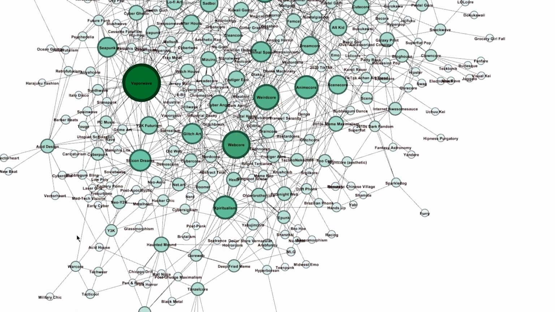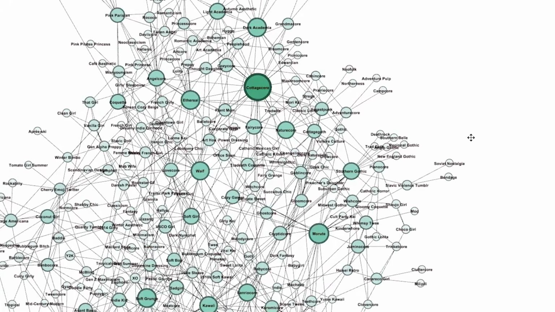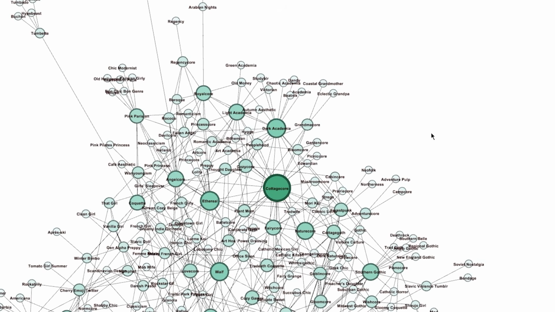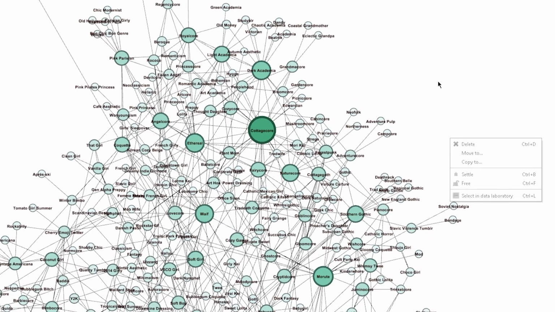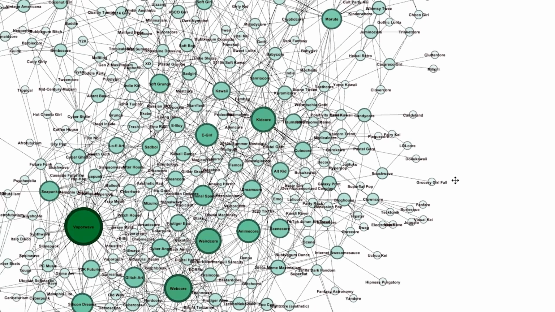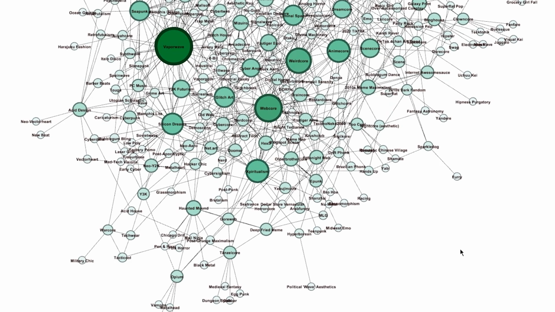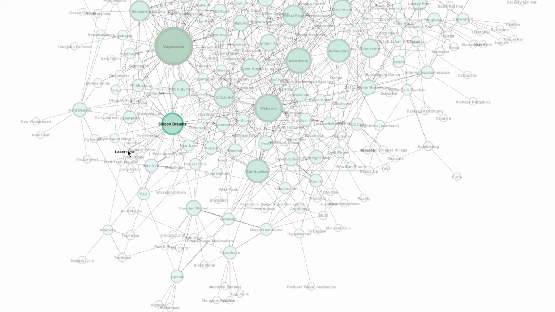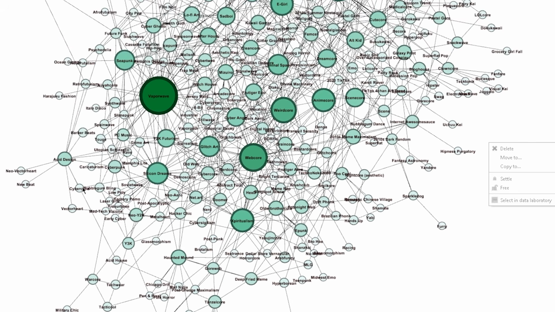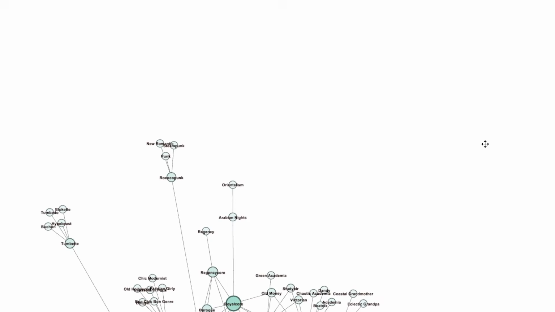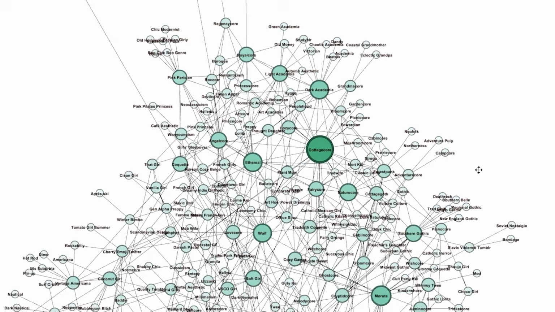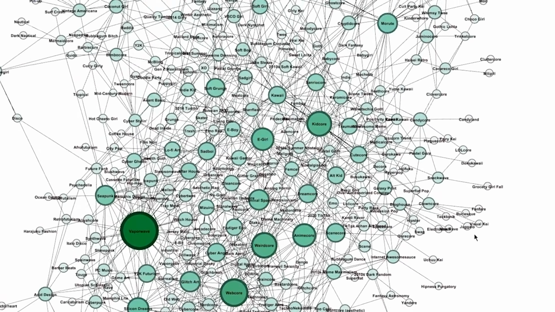Whereas that seems to not be the case on places like Tumblr, because your blog is in some sense a direct expression of your identity. So this network expresses a spectrum.